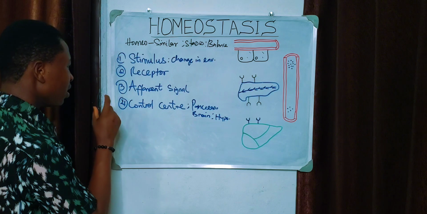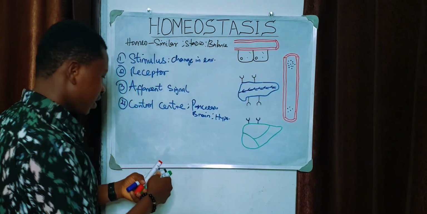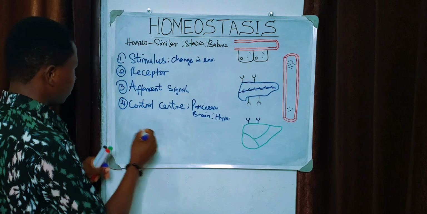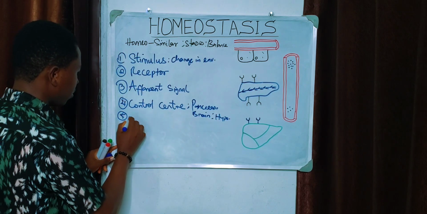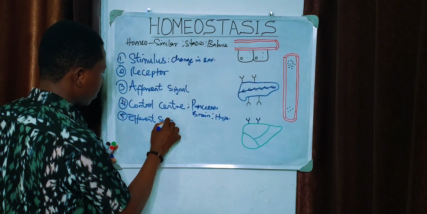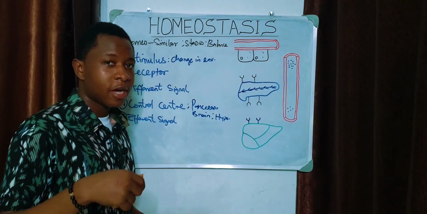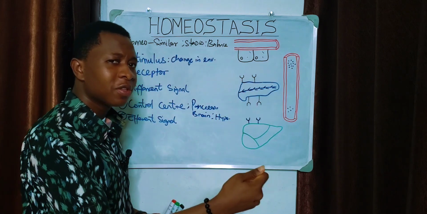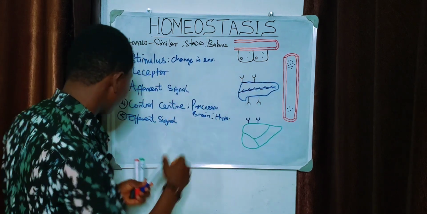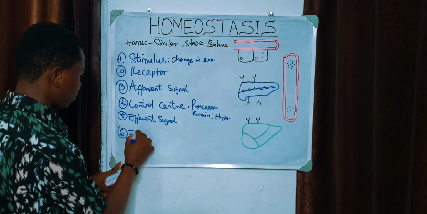Now, the next is the efferent signal. This is a signal sent from the control center to the effectors, which brings us to the last, called the effectors.